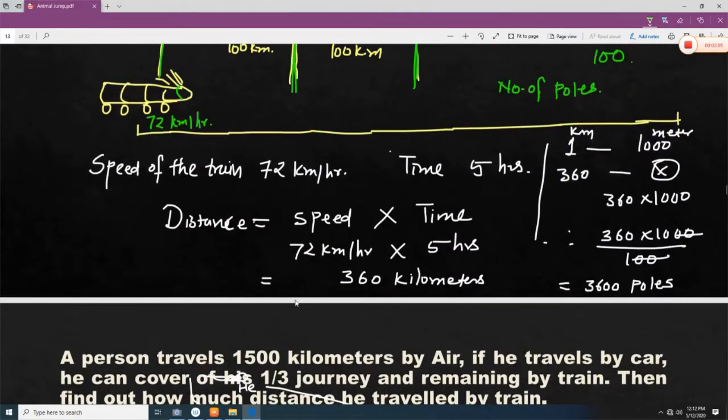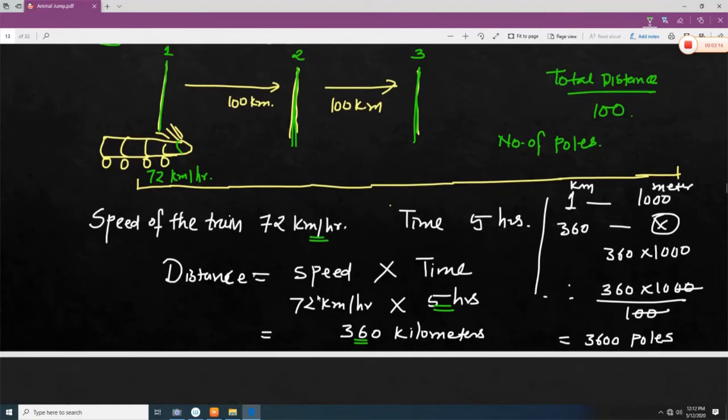It means the train runs 360 kilometers. Now in 1 kilometer there are 1000 meters, so 360 kilometers is equal to 360 into 1000 meters. That gives the total distance, divided by the pole spacing of 100 meters. So you have to divide by 100. So there are 3600 poles.